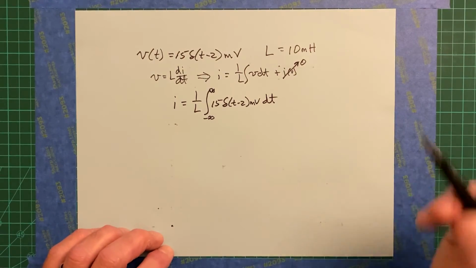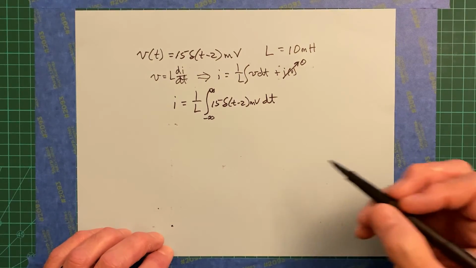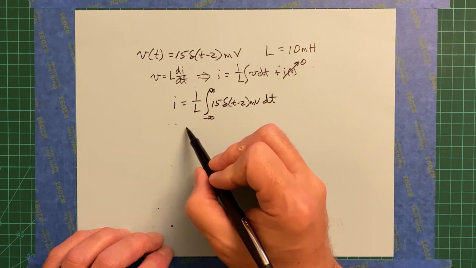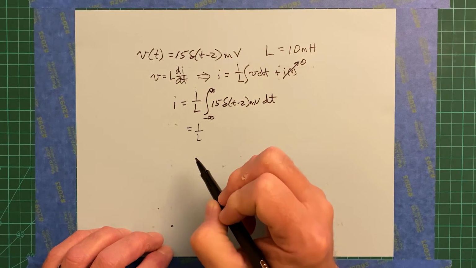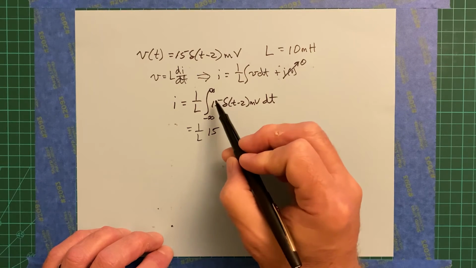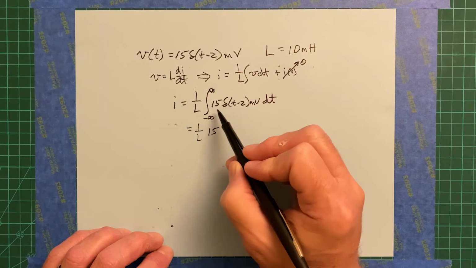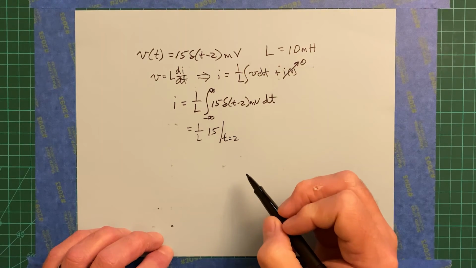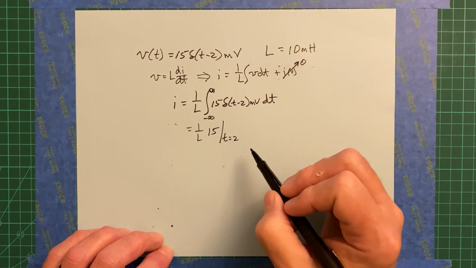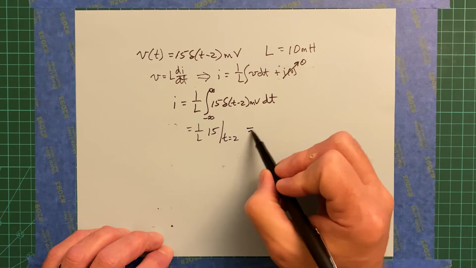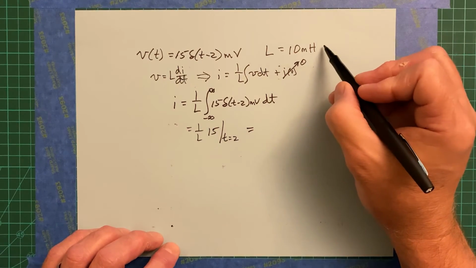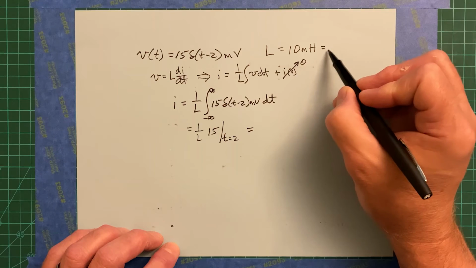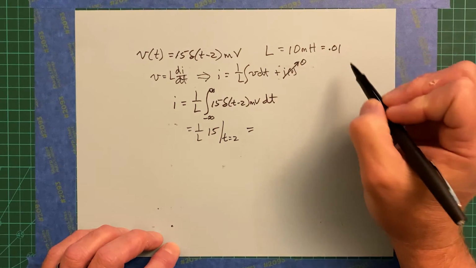Okay, that looks like a shifting function, doesn't it? In other words, this is going to be equal to 1 over L times 15, which is just the constant here, evaluated at t equals 2, and that's what I is. Well, let's see, L is 10 millihenries, so this is 0.01.